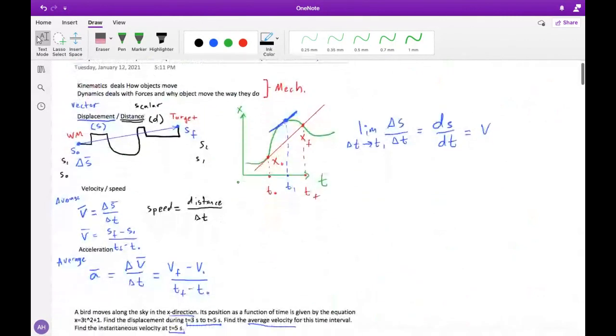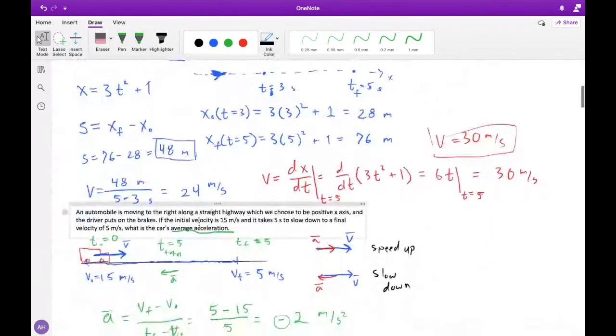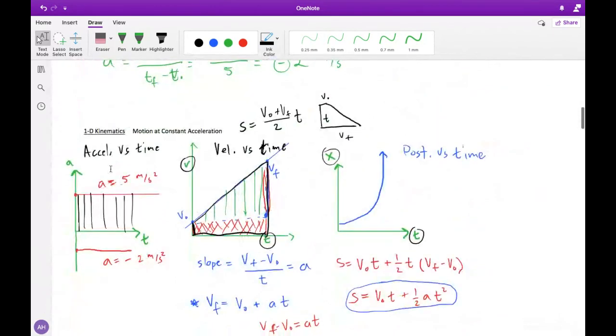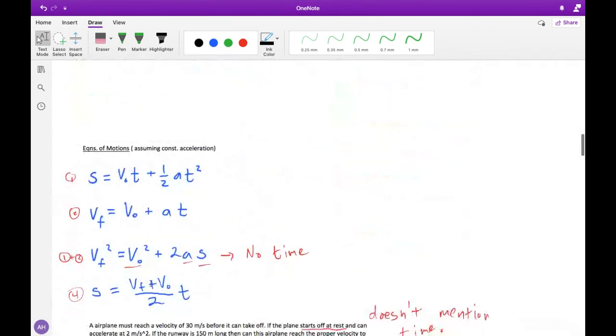Let me recap a little bit what we talked about. So we talked about displacement, velocity, and acceleration. We talked about acceleration time graphs, velocity time graphs, position time graphs, and how from these graphs, if we assume the acceleration is constant, we get our equations of motion here.